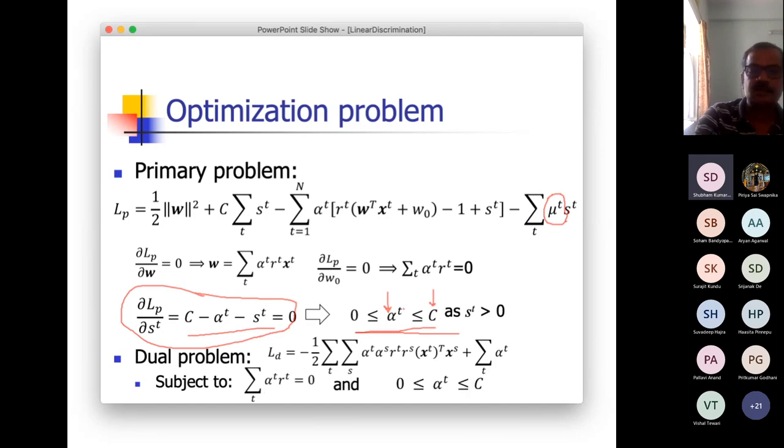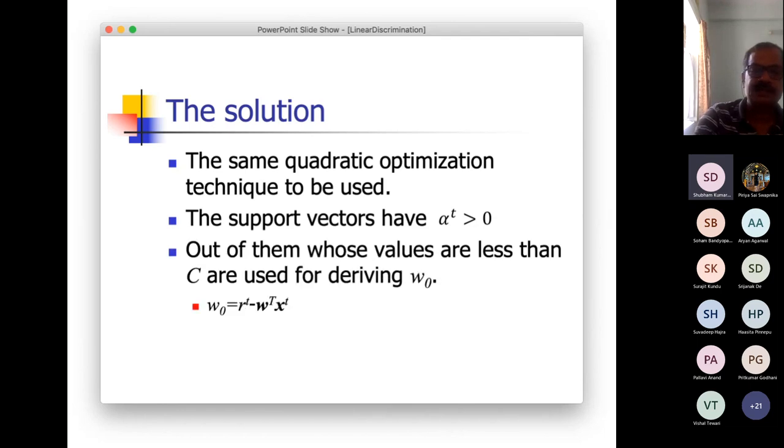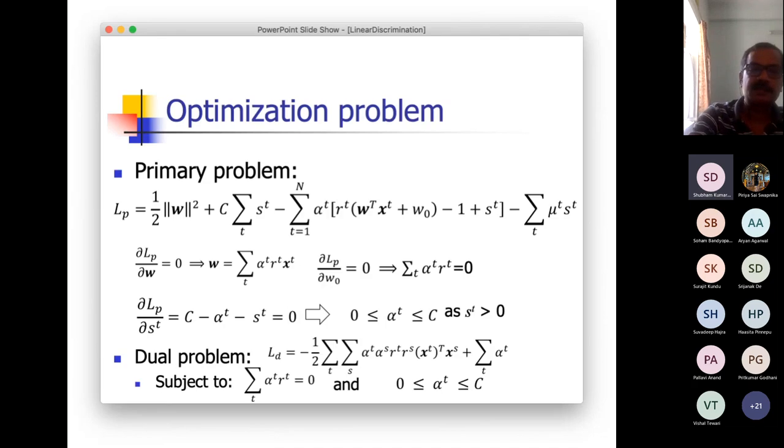Right. So this is the dual problem, and you can solve as before by using the quadratic optimization, and we can get the corresponding support vectors which will be lying on that particular border. That means the values of alpha t will give you the solutions itself. The values of alpha t itself will give you, as before, the same weight vector for the hyperplane.